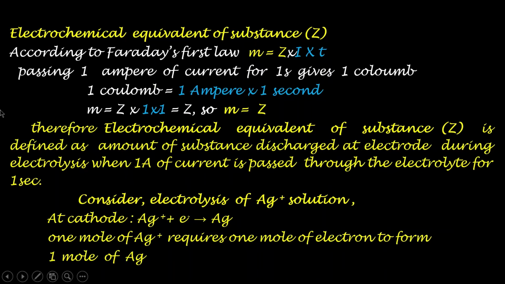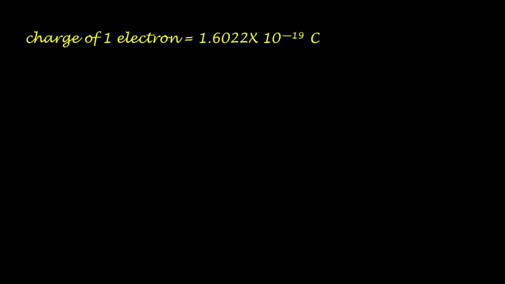Let us find the charge of 1 mole of electrons. Here the charge of 1 electron is equal to 1.6022 × 10^-19 coulomb. This is the charge of 1 electron.